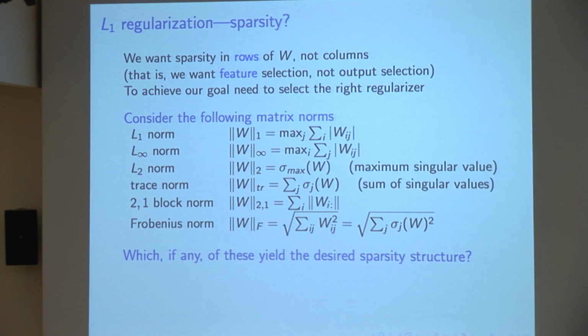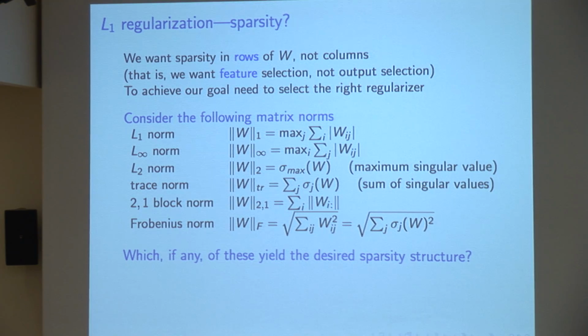So let me just start to introduce you to this and give you a bit of a demo here. We don't want to just penalize the squared entries, okay? We want to do something clever like feature selection. So remember now, for feature selection, we're going to get a matrix, and we want to impose a penalty on the size of that matrix, but we want that penalty to do something for us. In particular, what we want it to do is select features, okay?